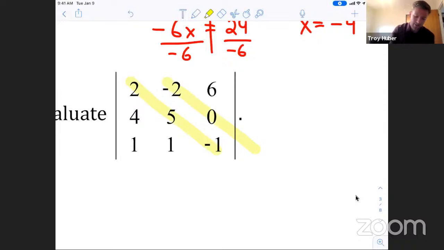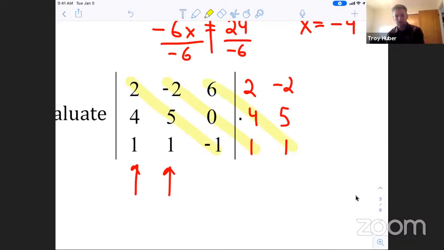So what you would have to do if we were doing this by hand is copy down these first two columns again. So I'd have to go 2, 4, 1, -2, 5, 1, because now we have the 3 diagonals.